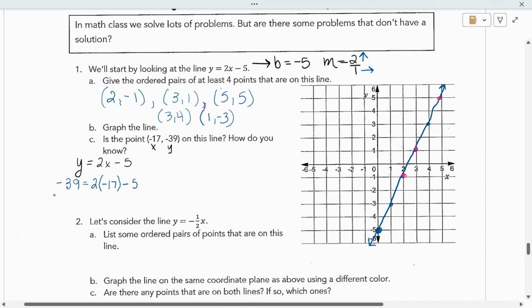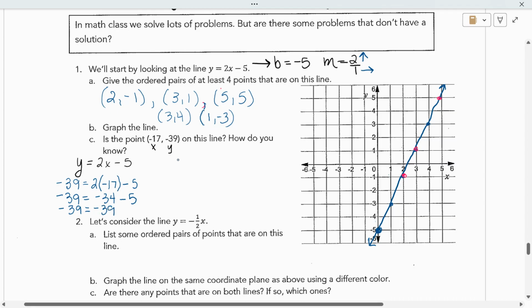What is 2 times -17? -34. And what is -34 minus 5? Oh my gosh. Does -39 equal -39?